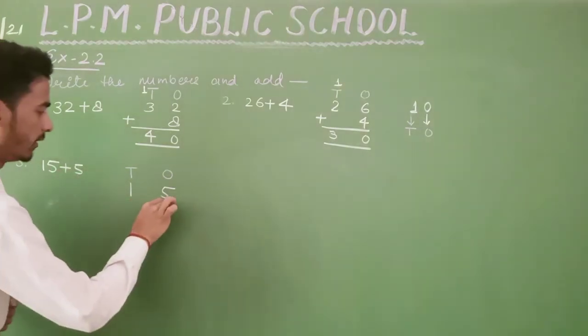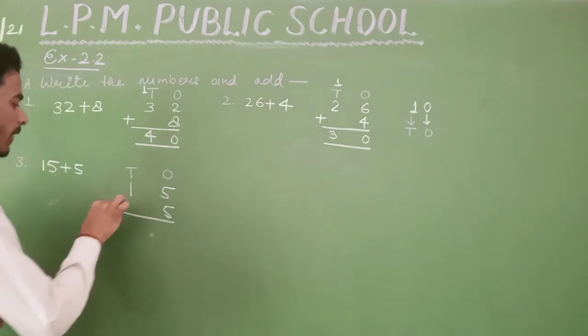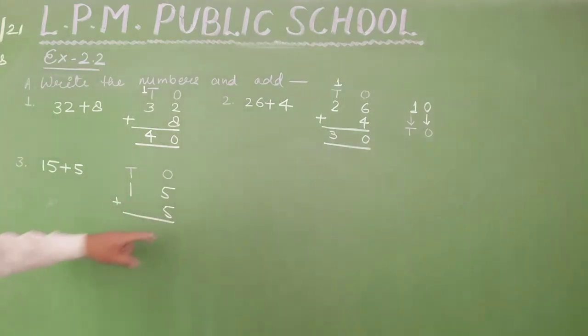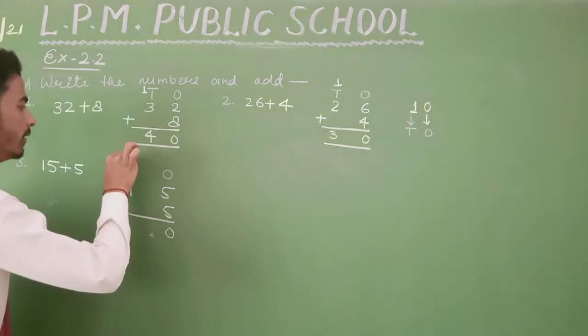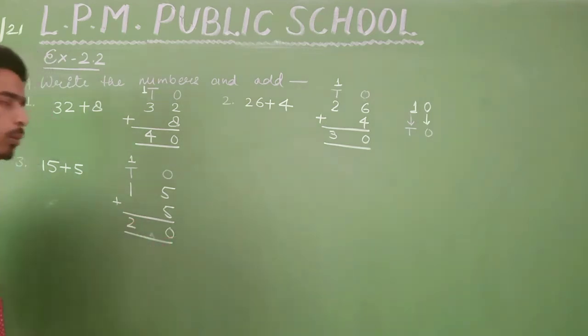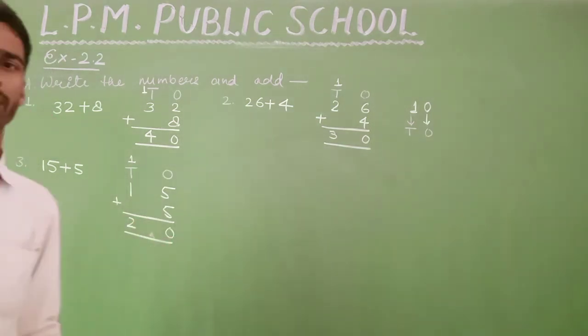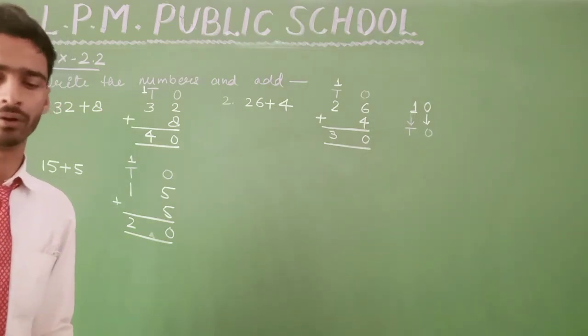So 5 plus 5 is 10, here will be 0 and here will be 1 carry, and 1 plus 1 is 2, that is 20. So we can say that 15 plus 5 makes 20.